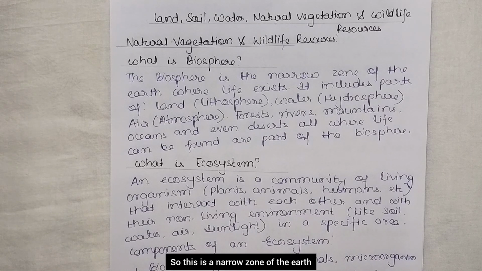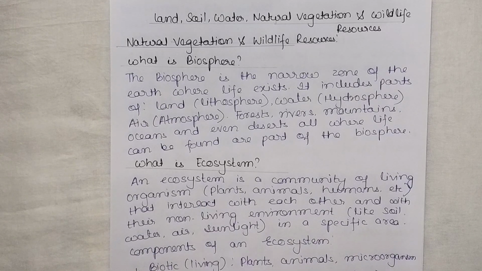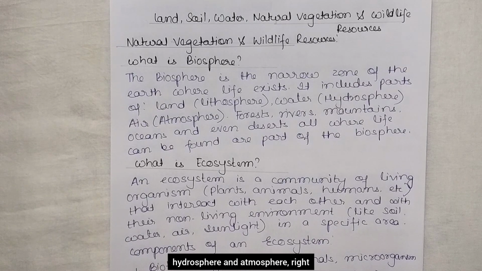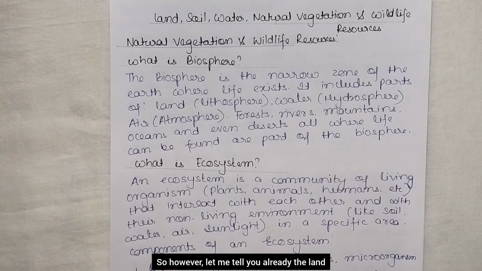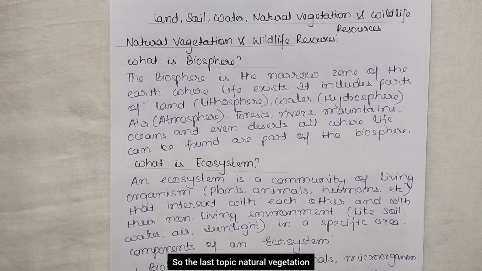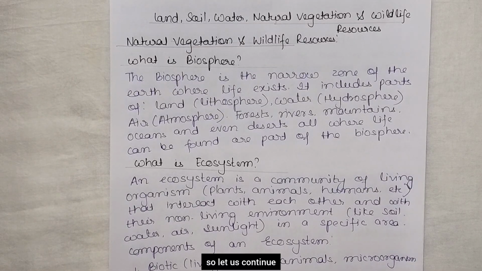So this is a narrow zone of the earth where life exists, and it includes lithosphere, hydrosphere and atmosphere, right? However, let me tell you, the land, soil and water is also covered in question answer form, so that it may become easy for you to prepare for the examination also. The last topic, natural vegetation and wildlife resources, is also covered in question answer form. Okay. So let us continue.